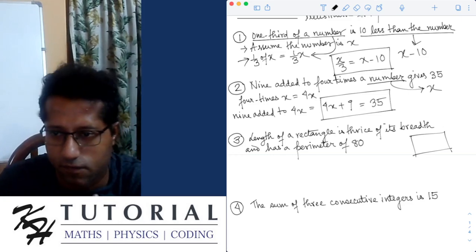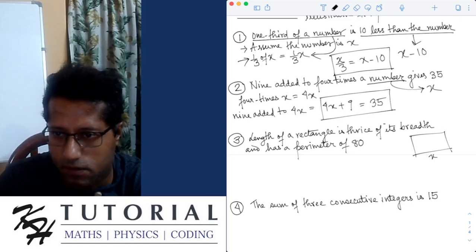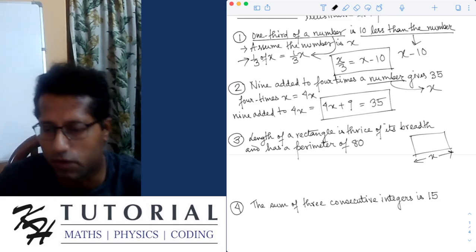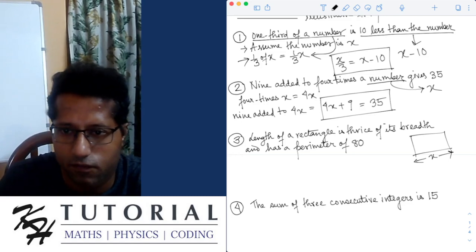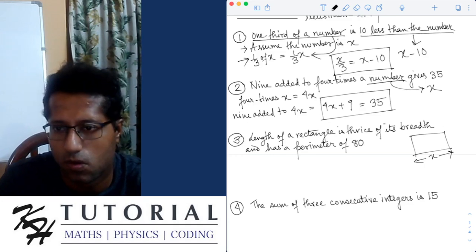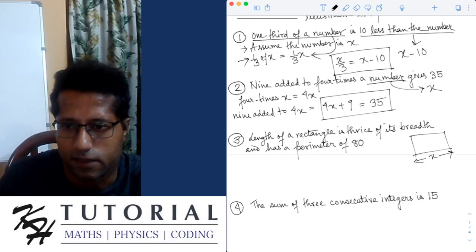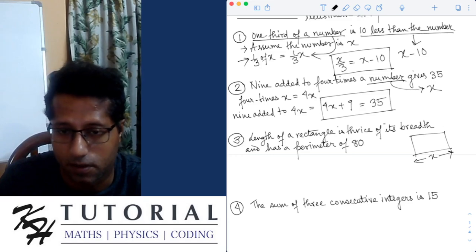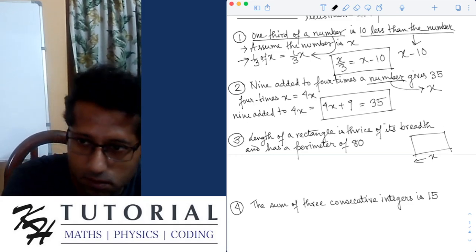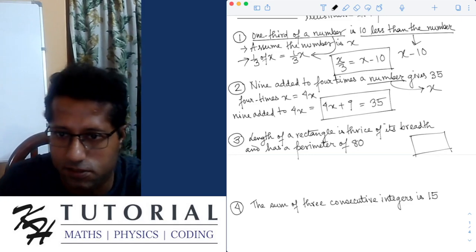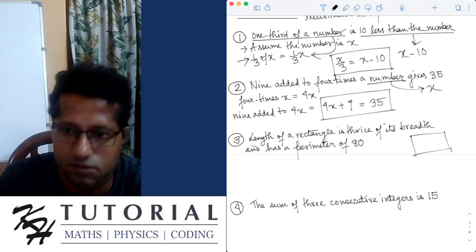Let's say we consider the length as the unknown quantity. It is given that the length of a rectangle is thrice its breadth. Now I think it will be better to assume the breadth as the unknown quantity, since it is given that length is thrice its breadth.